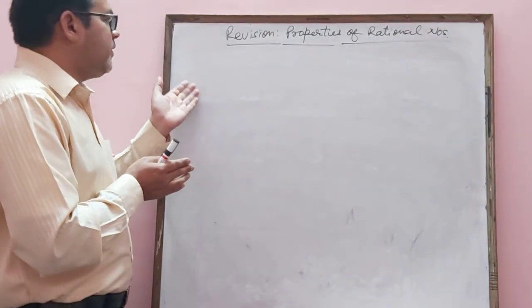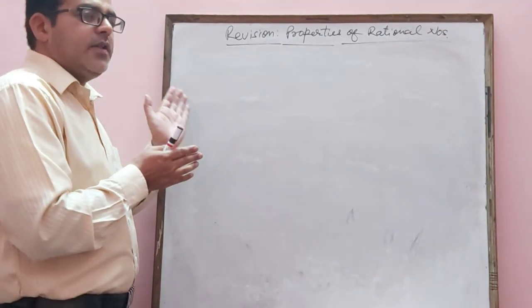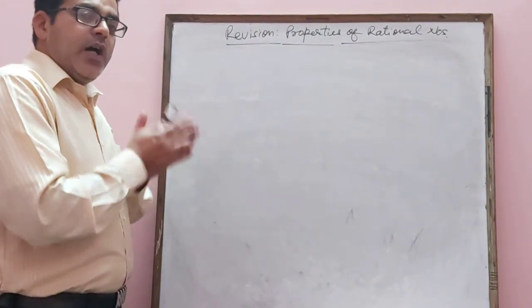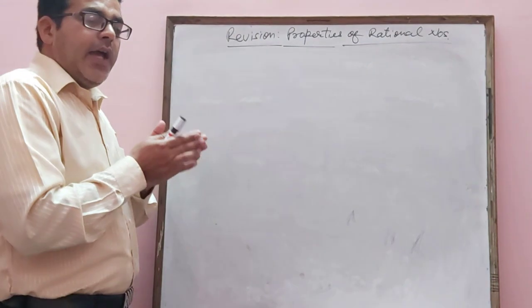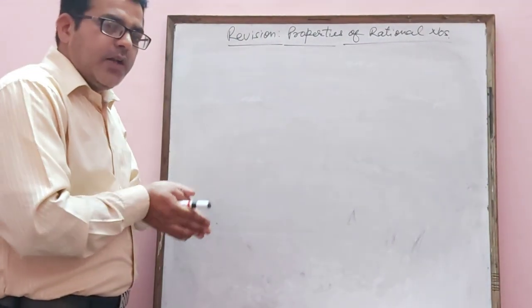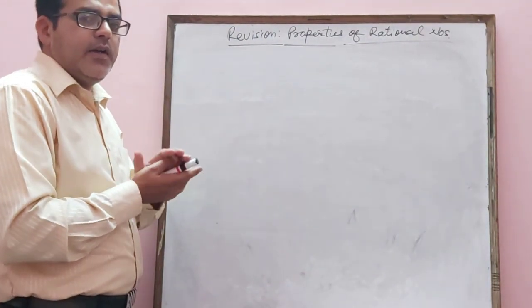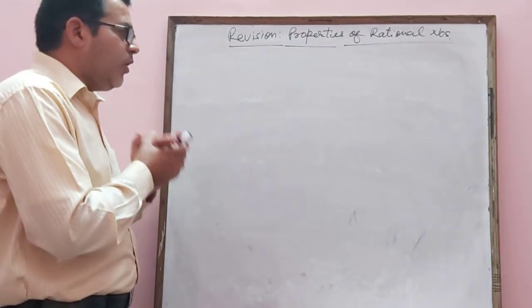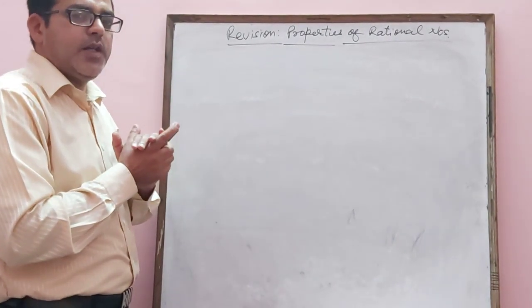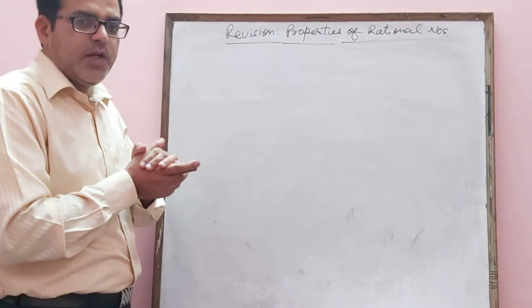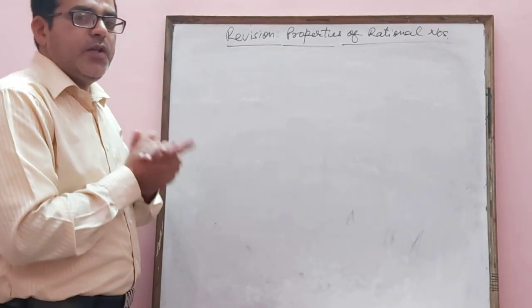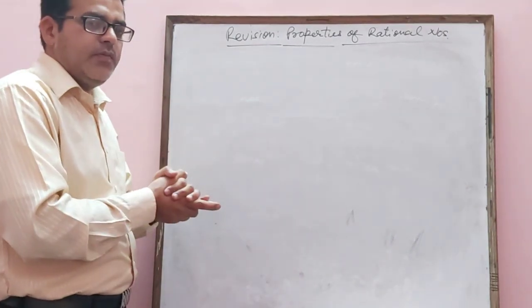Now, just now we discussed the property of 1. We learned that if we multiply any rational number by 1, the result is again unaffected. We get the same result. And we also learned what is multiplicative identity. 1 is the multiplicative identity, and what is multiplicative inverse, how we can find that, right?